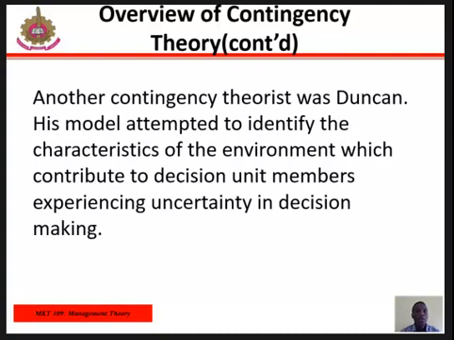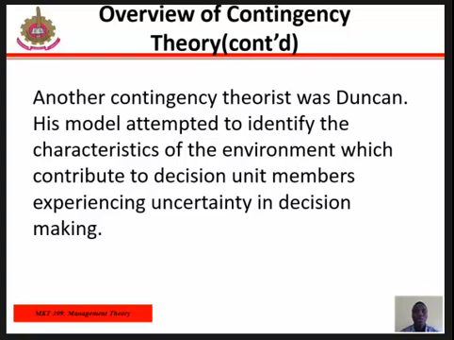Another contingency theorist was Duncan. His model attempted to identify the characteristics of the environment which contribute to decision unit members experiencing uncertainty in decision making. He was of the opinion that both internal and external factors have impact on perception of decision of members.